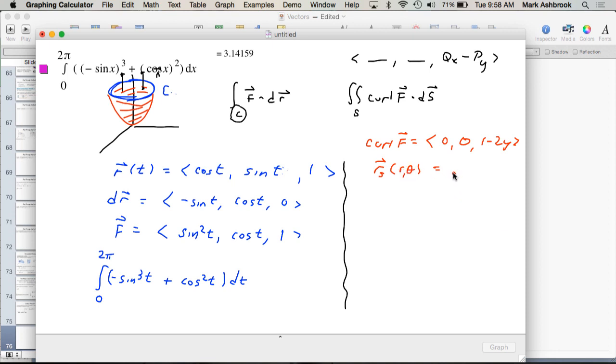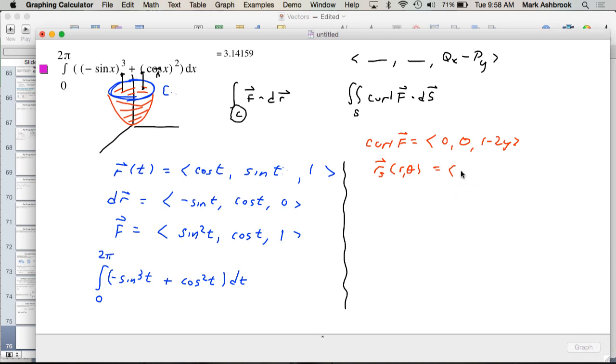So we'll just go ahead and do r and theta, and we get r cosine theta, r sine theta, and z is x squared plus y squared on that surface. So when you do this squared plus this squared, you get r squared. That's right.